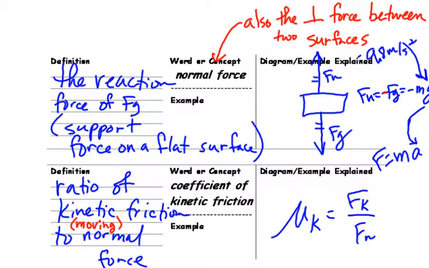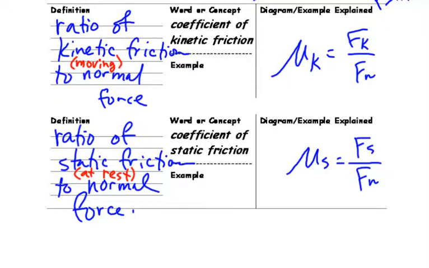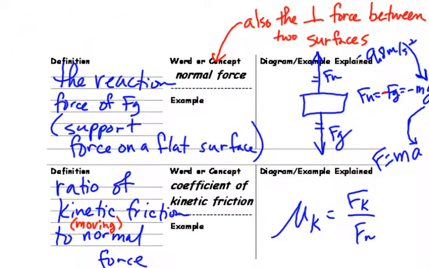Okay, there are a few more on this page here, and then I think that's it. I have some friction hints at the end we'll take a look at. The normal force is the reaction force of Fg if you're talking about a flat surface. We'll look at situations that aren't flat. The force of gravity we calculate by mass times gravitational acceleration, and it's equal and opposite, so if we take the negative of that we get that, but that will come into play later on.